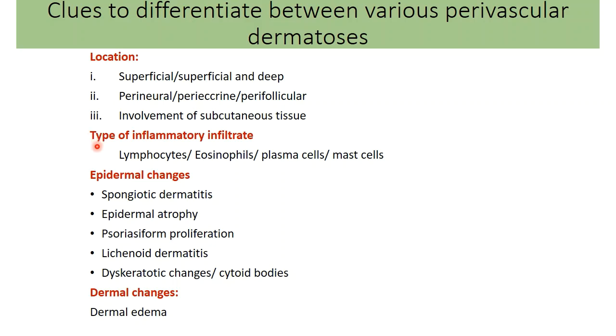Next is based on type of inflammatory infiltrate. Then the associated epidermal changes like spongiosis, epidermal atrophy, psoriasiform proliferation, lichenoid dermatitis, and dyskeratotic changes. And finally, the associated dermal changes like dermal edema.